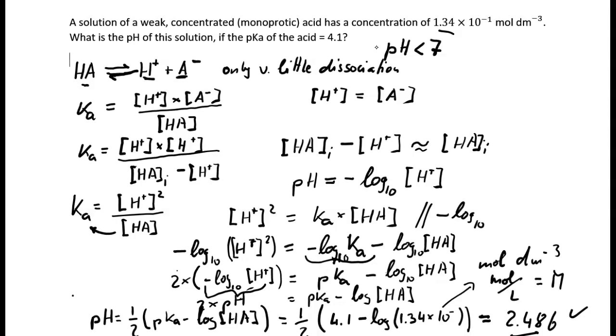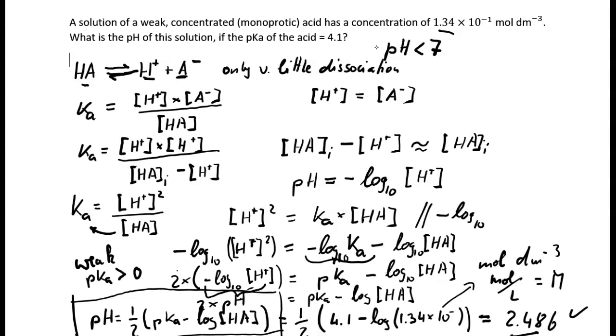Now, this one here is our equation for a weak acid. And in general, we would consider a weak acid as anything that has a pKa value, say, larger than probably 0.